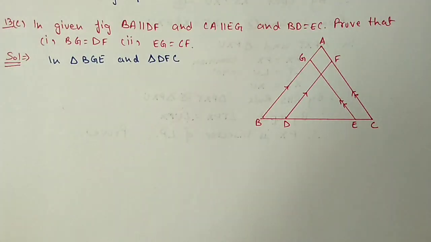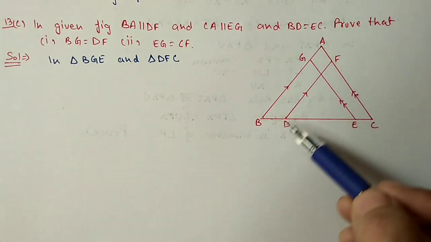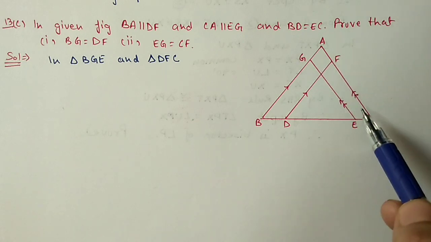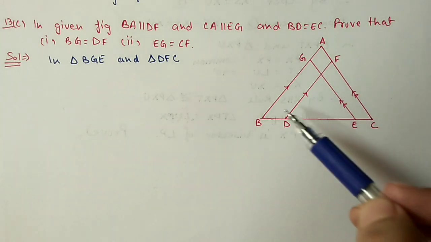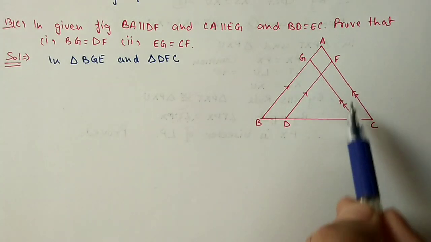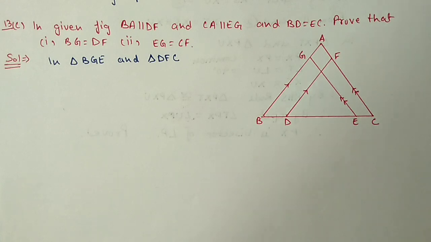Next we have question number 13 C part. In the given figure, BA is parallel to DF. These two lines are parallel, and CA is parallel to EG. These two lines are parallel. We have to prove that BG is equal to DF and EG is equal to FC.